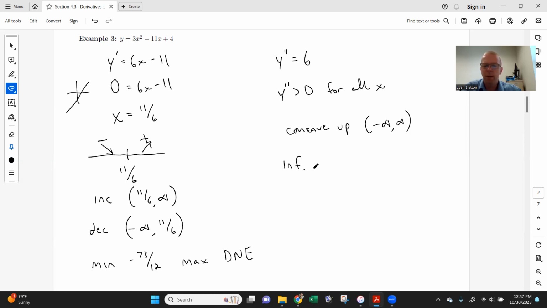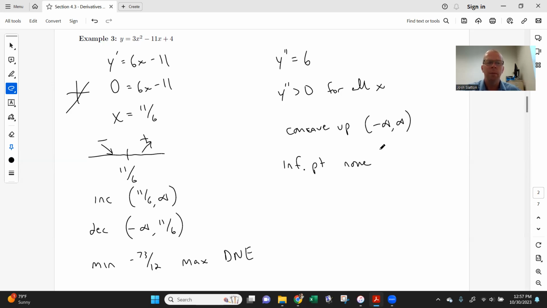And then inflection point, if you remember, is where the second derivative changes signs, or where it goes from concave down to concave up, vice versa. And since it's always concave up, there is no inflection point.